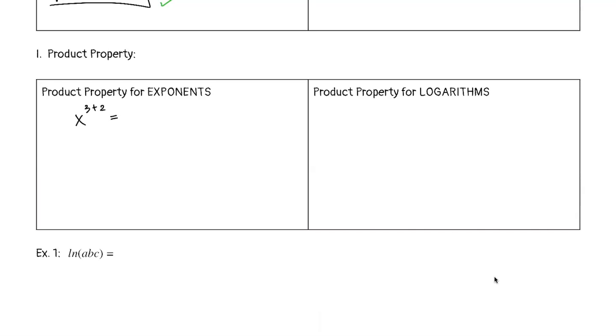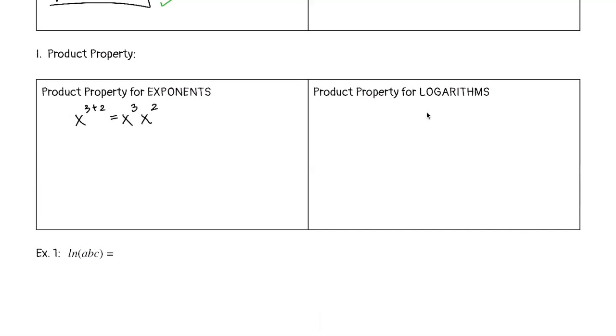What does that give you? X to the fifth, good, okay. And you might also see this as x to the 3 times x to the 2, right?